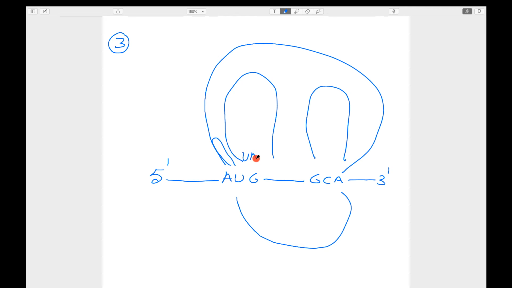Here UAC, then the aminoacyl group, then formyl methionine. Initially we started with formyl methionine, and after some time it will be a polypeptide. Then CGU, the anticodon. Here we have the alanine.